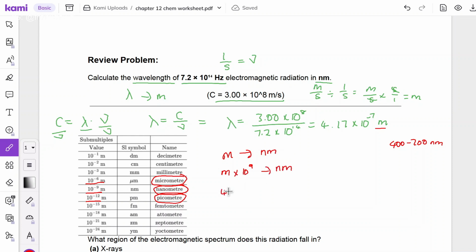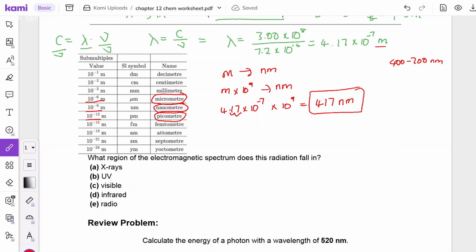So right here, we just do 4.17 times 10 to the negative 7 times 10 to the positive 9. It's quick math, 9 minus 7, that means it's times 10 to the second power, which just moves the decimal point 2 places. So it becomes approximately 417 nanometers. That could be your final answer.